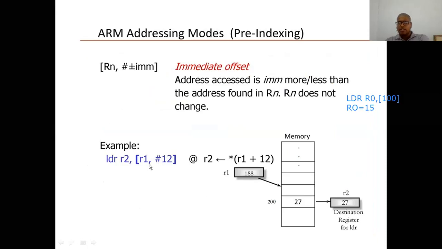I have considered R1 as 188, and I have added this 12 to this 188, and I got 200. That 200 has been considered as an address. Whatever the value that is present in that particular address is being loaded into the register R2.